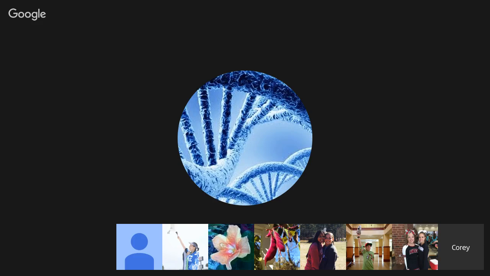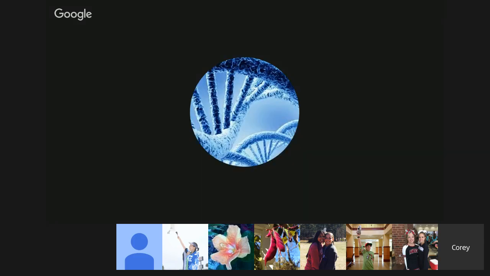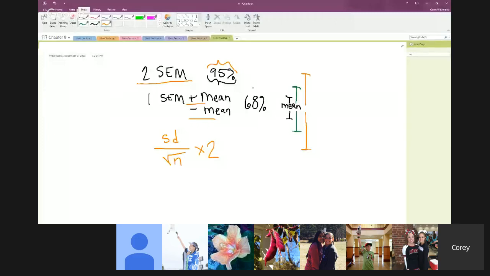By 95% confident, what we mean is that since we're calculating the average based on a sample, we really have no way of knowing what the actual true population average is. The logistics of sampling an entire population are a nightmare, and it's super expensive.